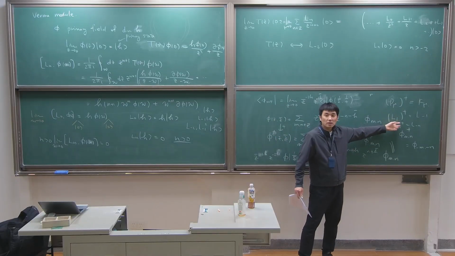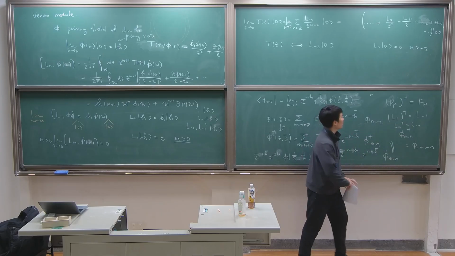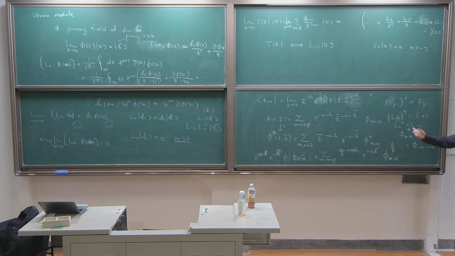Sorry, I told you wrong. This is minus 1 and plus 1, right? You should correct me. So P corresponds to L minus 1, and K corresponds to L1.